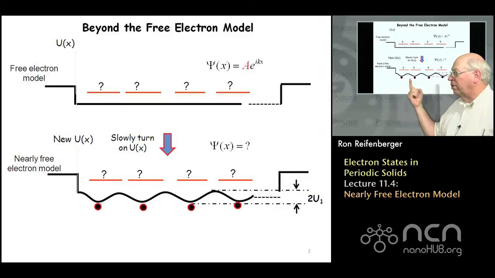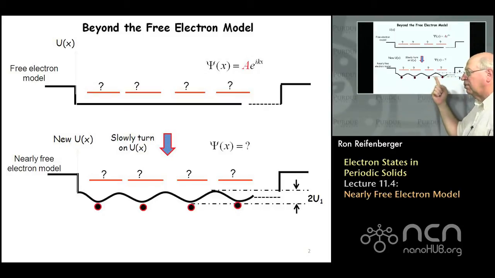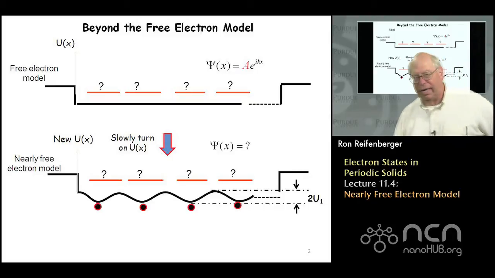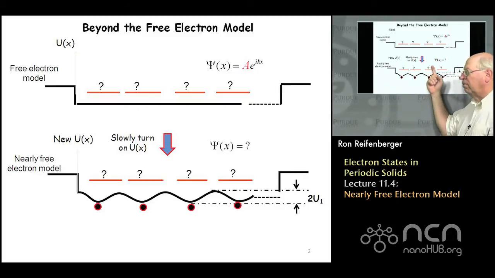Everywhere there's an atom core now, we'd like to introduce a modulation in the bottom of this potential well. This modulation is going to be modeled in a nearly free electron model by a sinusoidal wave, and the peak-to-peak amplitude of that sinusoidal wave is going to be given by this parameter 2 times u sub 1, and we'll try to explain that in what follows.